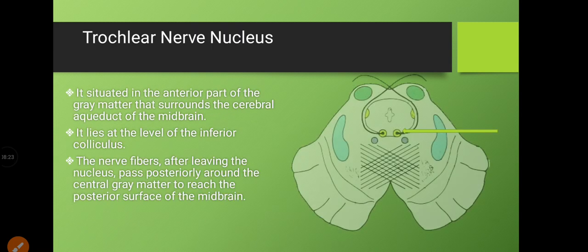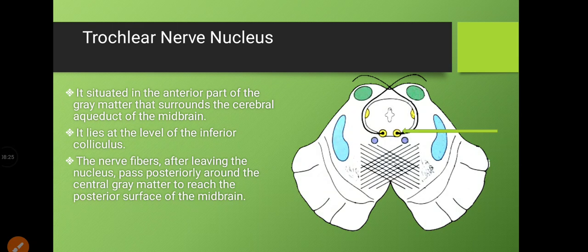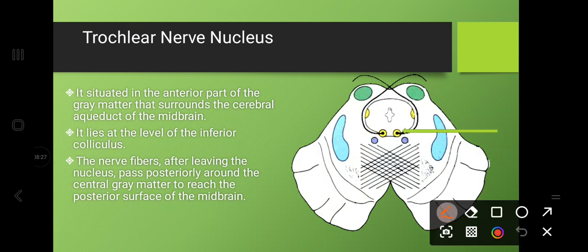This nucleus is located also in the midbrain, in the anterior part of the gray matter surrounding the cerebral aqueduct, but at the level of inferior colliculus.